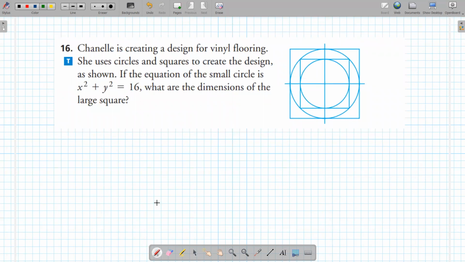For this one, it says, if the equation of the small circle is this, what are the dimensions of the large square? What's the distance from here to here?